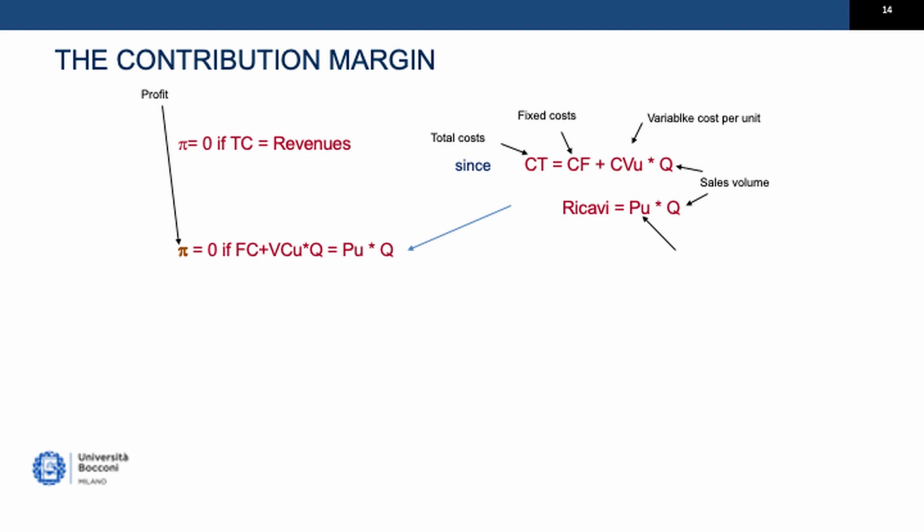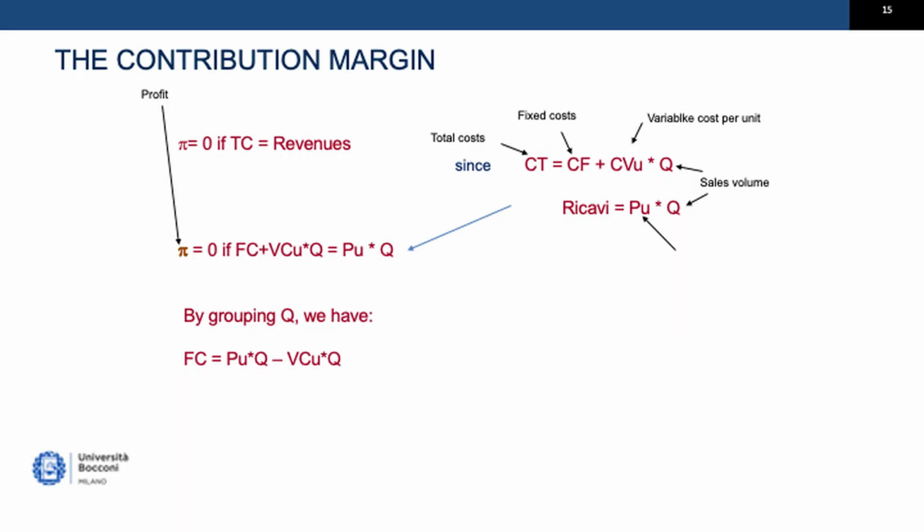In this case, revenues are the price per unit times the quantity that is sold. If we apply the formula, the fixed cost plus the variable cost per unit times the quantity must be equal to the price per unit times the quantity. This condition makes the profit equal to zero.